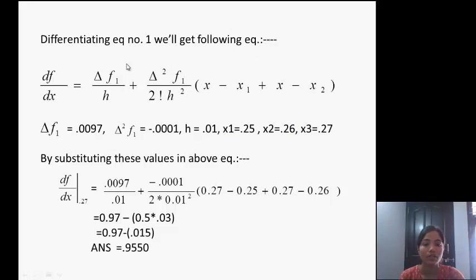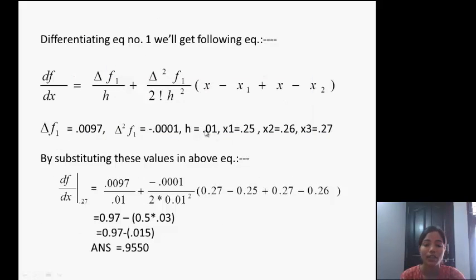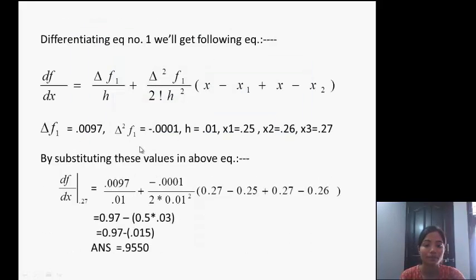For calculating df/dx at x3, first of all we have to calculate df/dx. So this is df/dx, and the values of del f1 and del square f1 from our difference table are: this is del f1 and this is del square f1, and h is the difference between intervals, that is the difference between 0.25 and 0.26, which is 0.01.